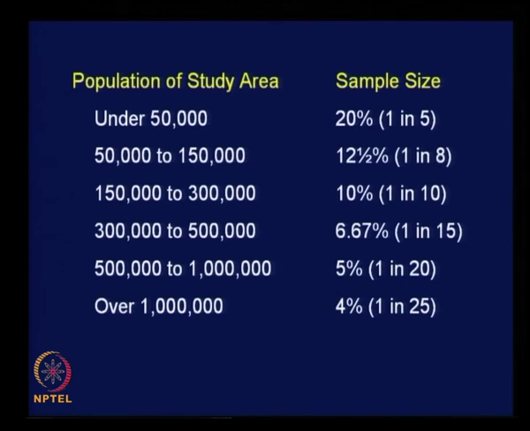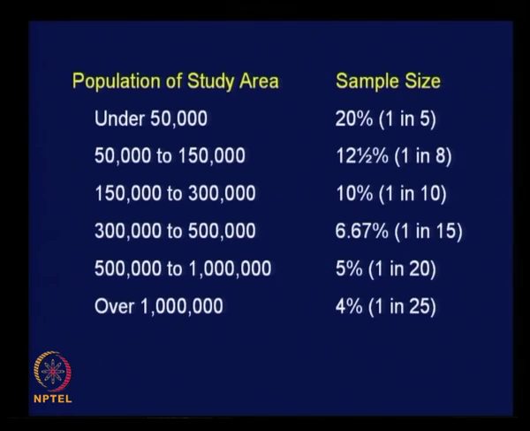If the population is between 50,000 and 150,000, then sample size is 12.5%, 1 in 8. 150,000 to 300,000, 10%, 1 in 10, and 300,000 to 500,000, 6.67%, 1 in 15, right, and 500,000 to 1 million, it is 5%, 1 in 20, and over 1 million, 4% or 1 in 25.